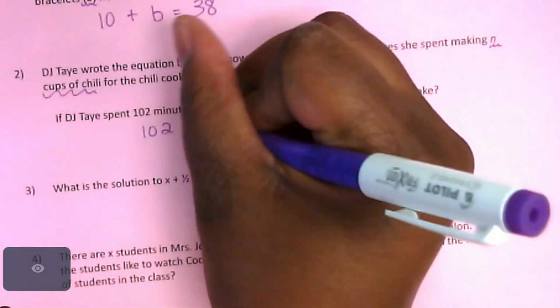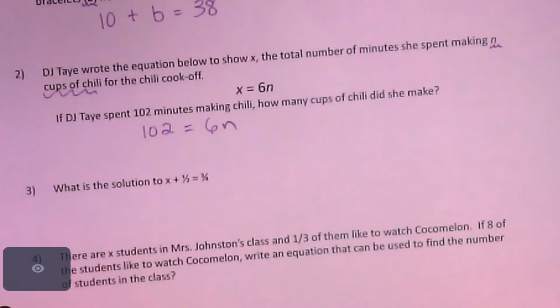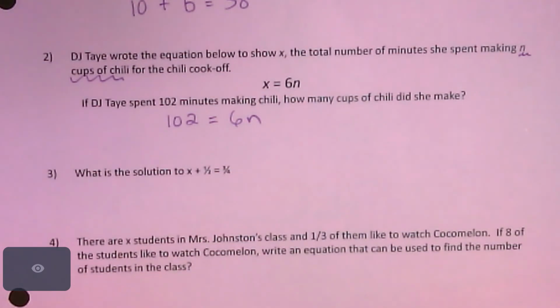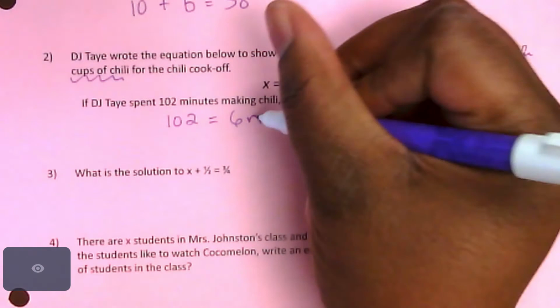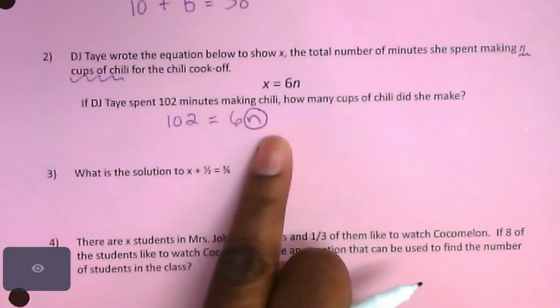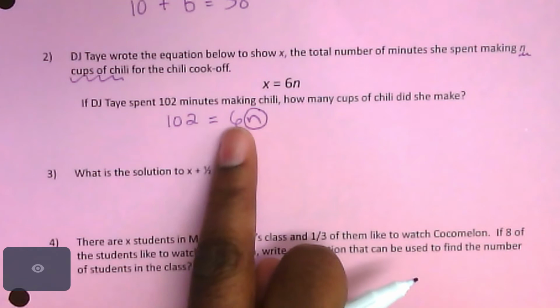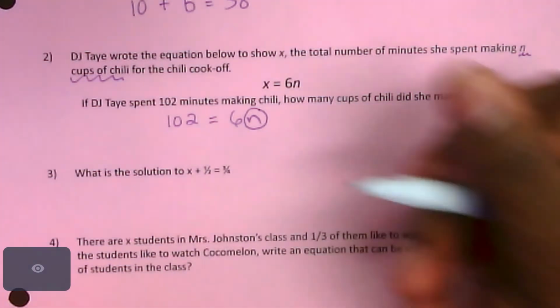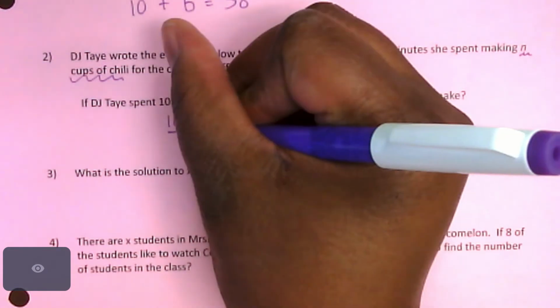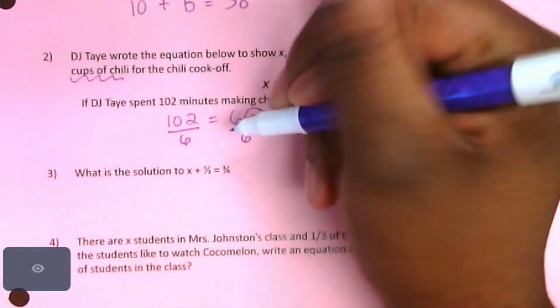102 equals 6N. And now that we've done that, we need to solve this as a one-step equation. First, circling our variable, looking and seeing what's happening to that variable. It's being multiplied by 6. So therefore, the inverse of multiplying by 6 would be to divide both sides by 6.